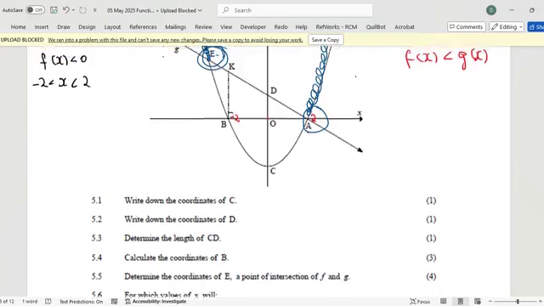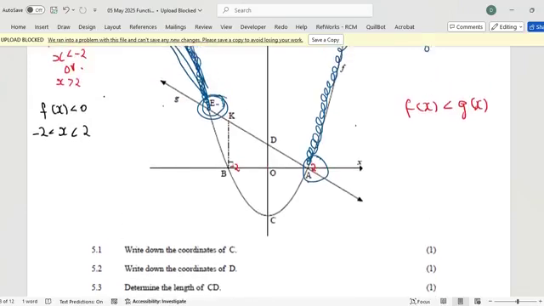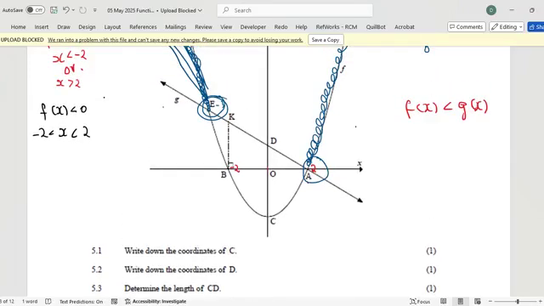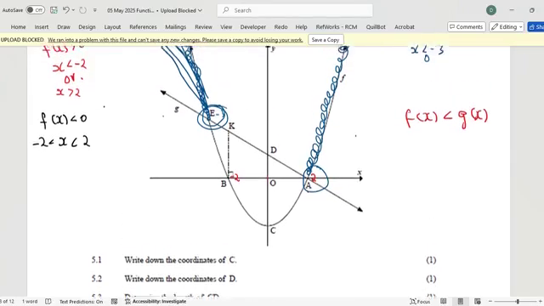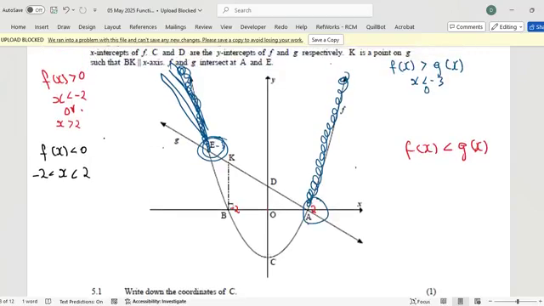Okay, so at this point now, for us to answer that question, we said x is less than negative 3 or x is greater than 2. Because, okay, I'm writing 0. Why am I writing 0?